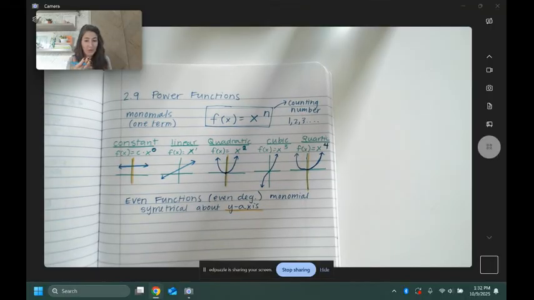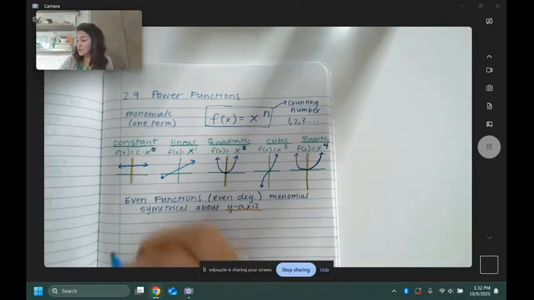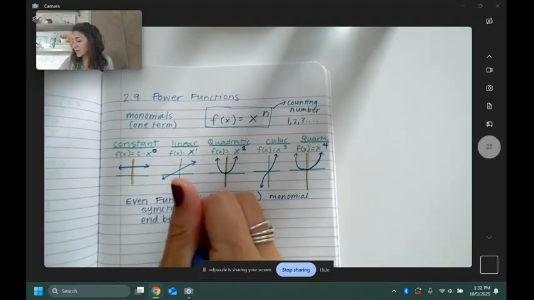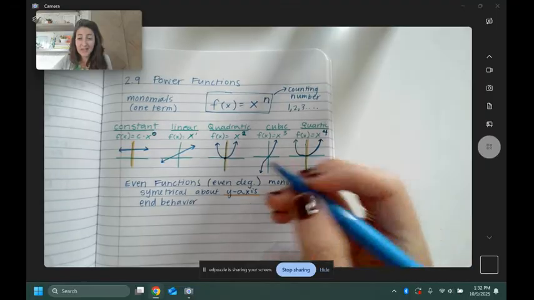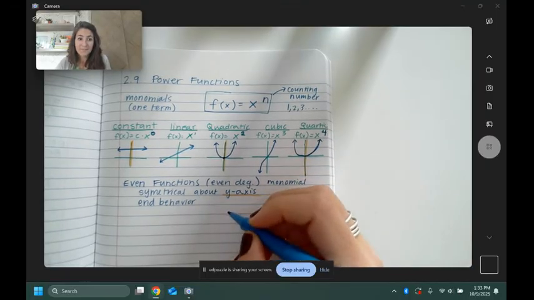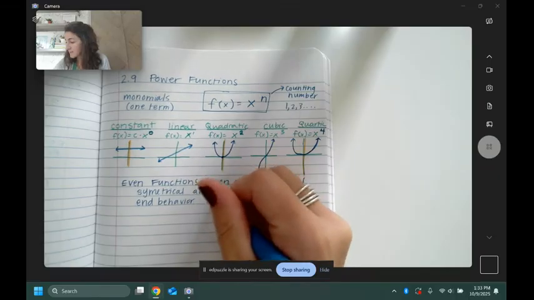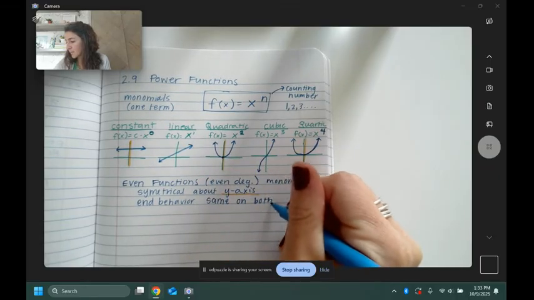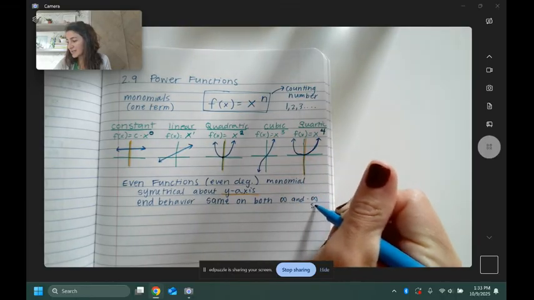And also their end behavior is the same, going in the same direction. Not for constant, constant's a weird case. End behavior is going to be the same on both sides, both the infinity and negative infinity sides.